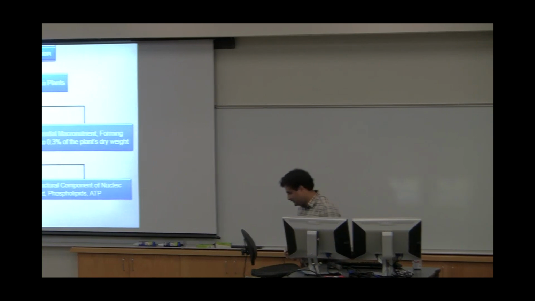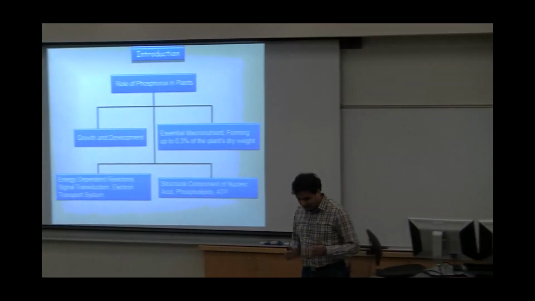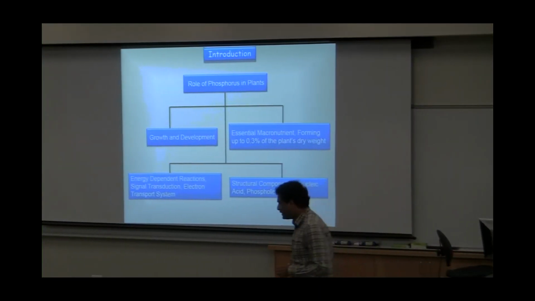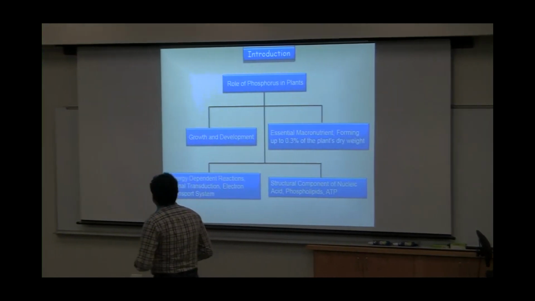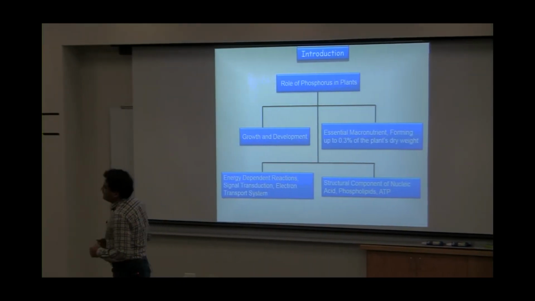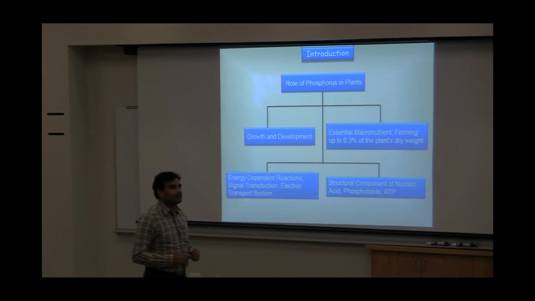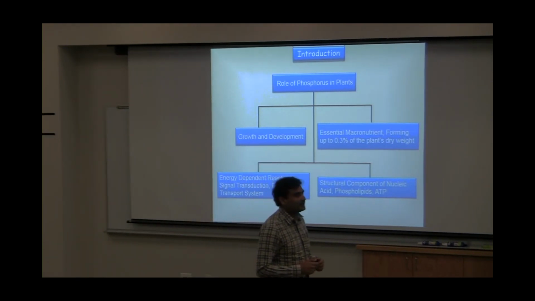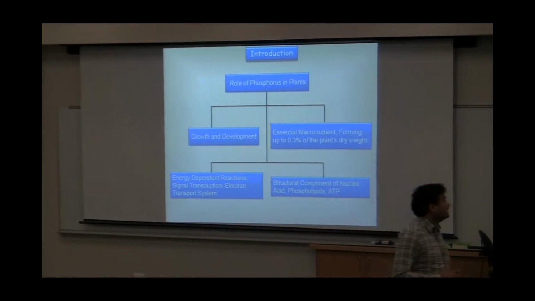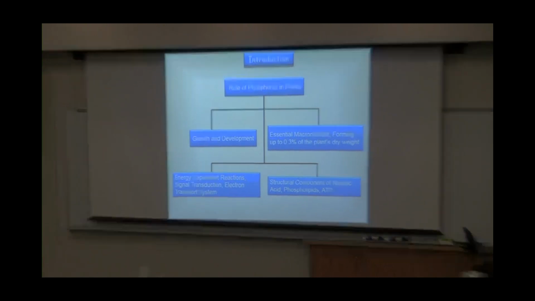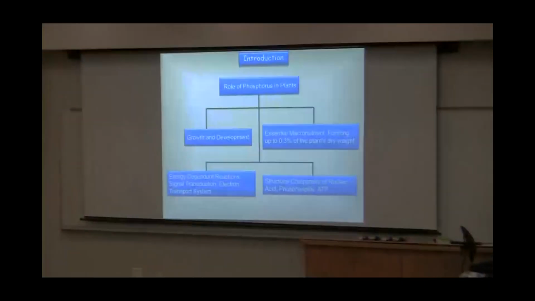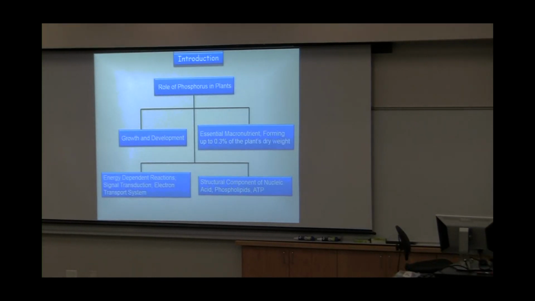So for the introduction, phosphorus. What is the role of phosphorus in plants? Phosphorus is among the essential macronutrients like nitrogen, sulfur, calcium, magnesium, and it's required for the normal growth and development of plants. Why is it required?